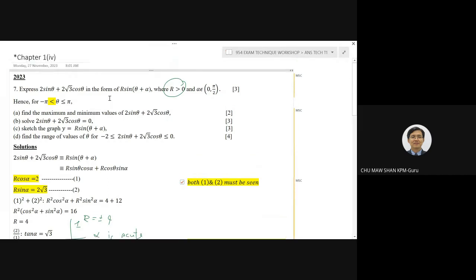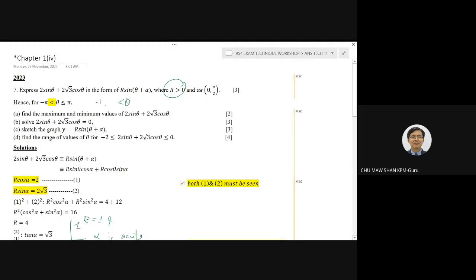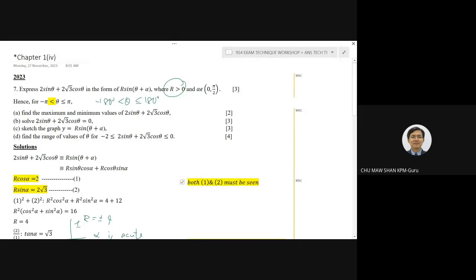Let's say now I change my angle to this one. Then your answer must be in degrees.